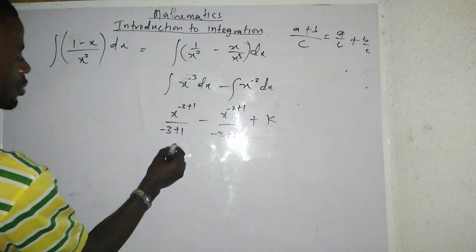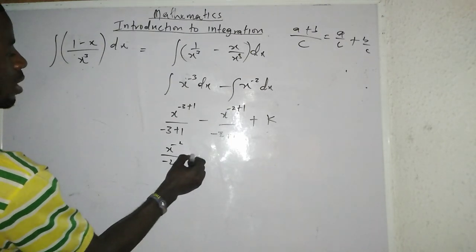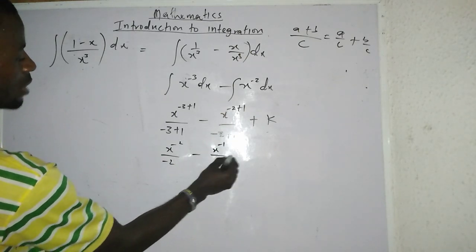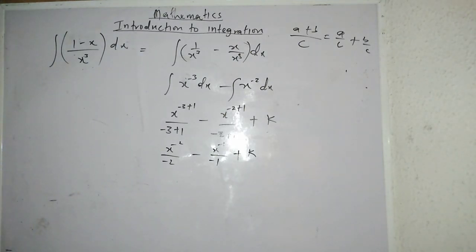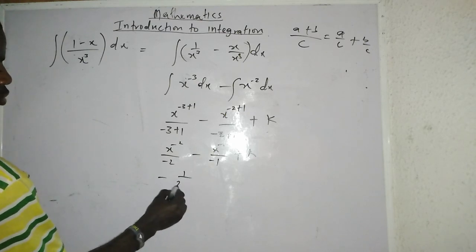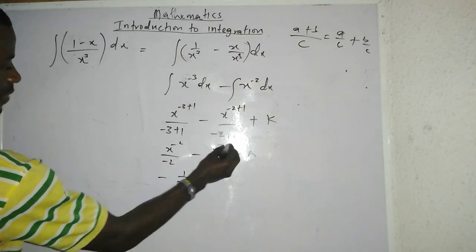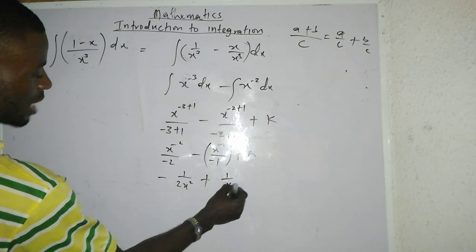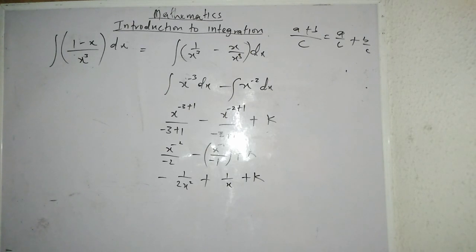This will be x raised to power minus 2 all over minus 2, minus x raised to power minus 1 all over minus 1, plus k. At this junction, I'll be having minus 1 all over 2x squared, plus, minus interact with themselves, plus 1 all over x, plus k. That is my final answer.